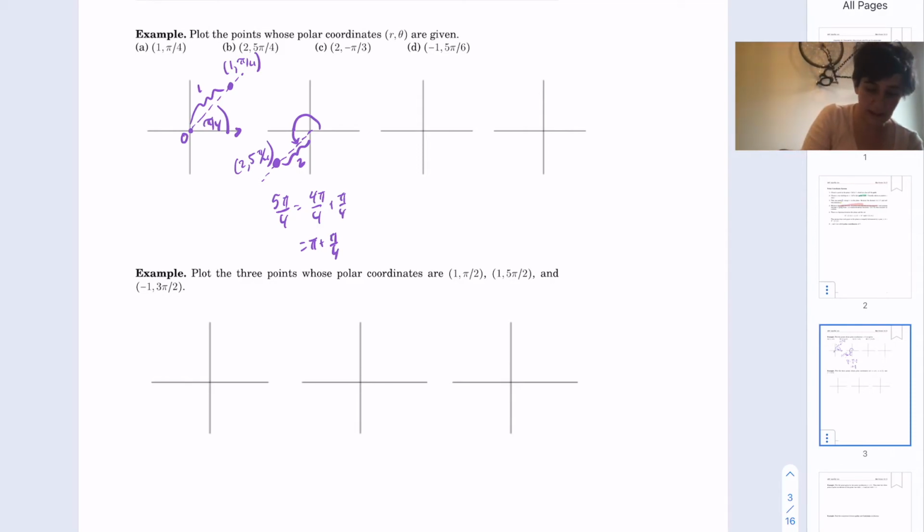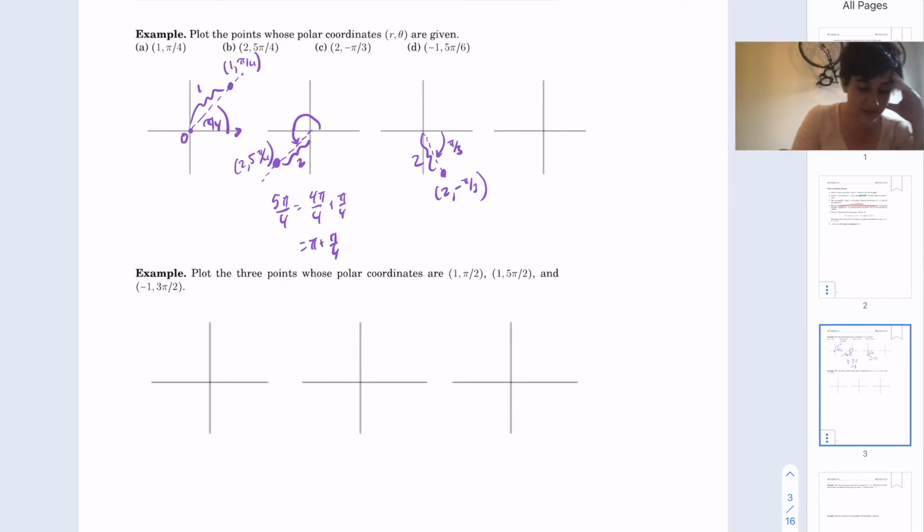So, negative pi over 3, well, declare that pi over 3, plop a point down there, distance 2. So that is 2, negative pi over 3. All right, that is our point. And maybe call that 2 to make it clear.